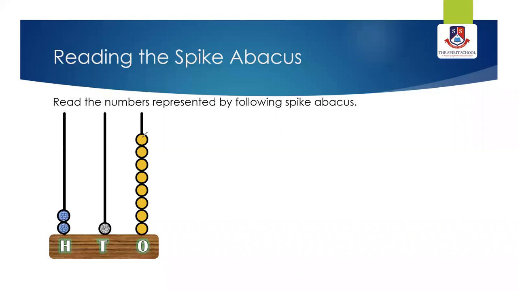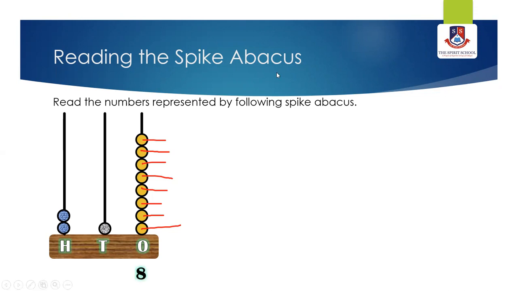So firstly, let us look at the ones place. At the ones place, how many beads are we having? Let us count these beads. One, two, three, four, five, six, seven, eight. Now, it means the digit represented by ones place beads is 8.